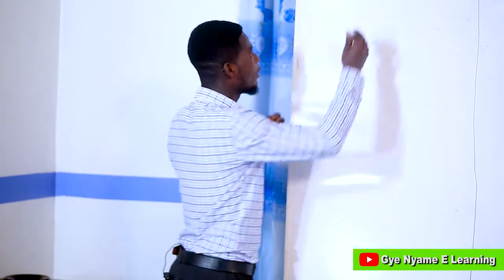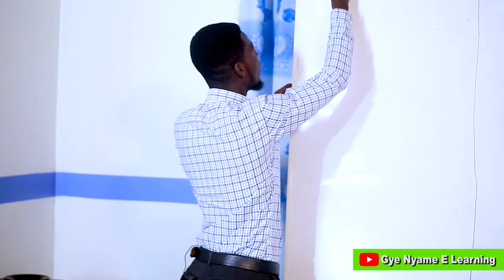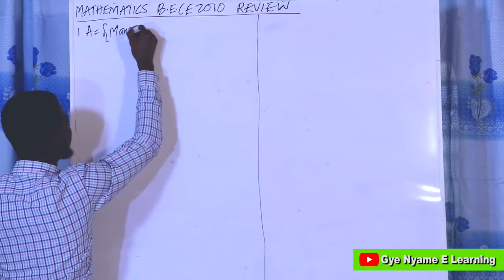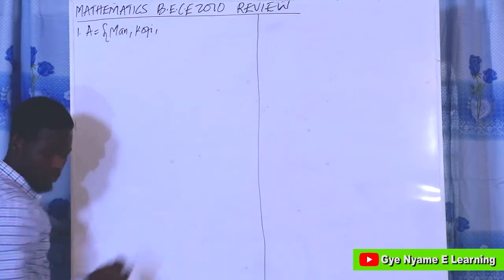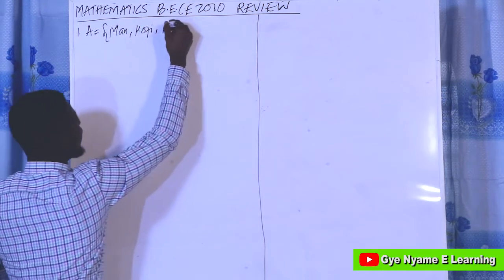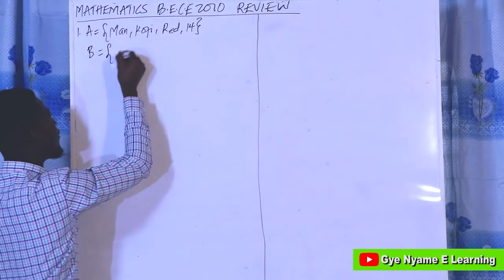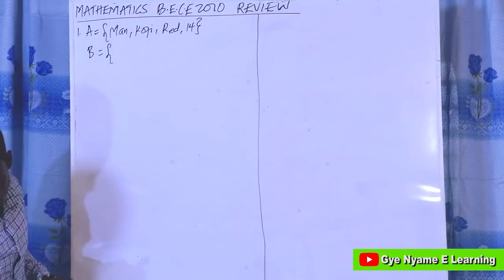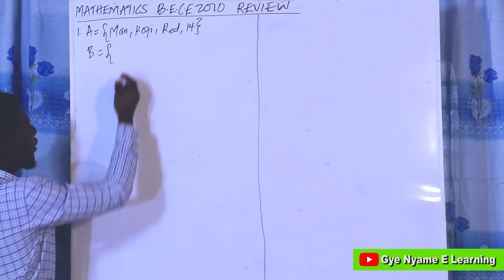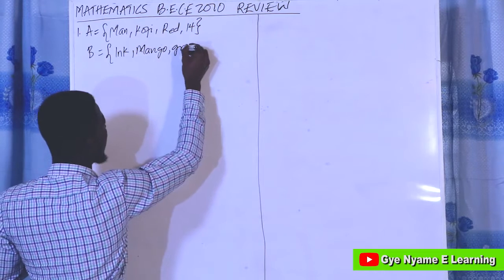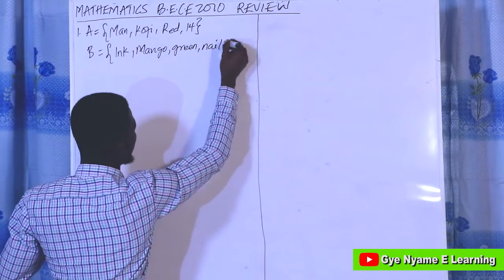All right, this is what question 1 says. Which of the following sets is defined? We have set A containing members Man, Kofi, Red, and 14. You have set B containing members Ink, Mango, Green, and Nail.